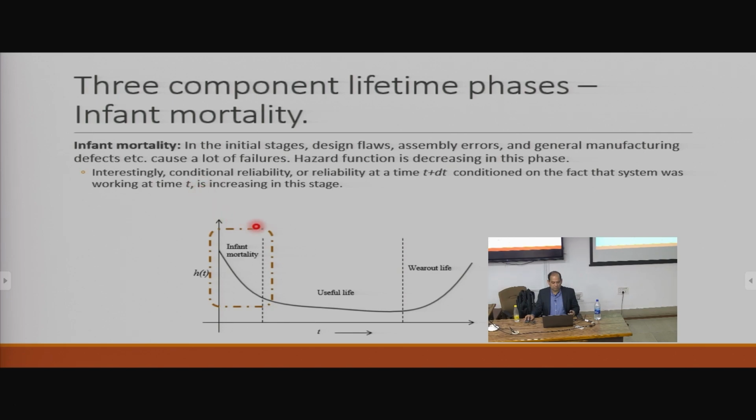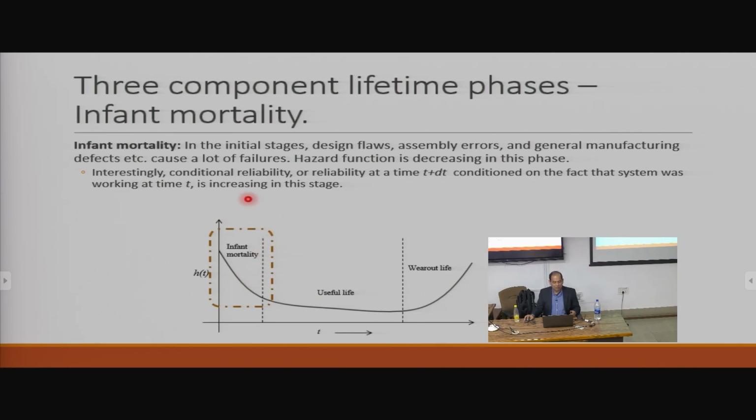Interestingly, the conditional reliability, or the reliability at time t plus dt, conditioned on the fact that the system is working at time t, is increasing. So things are getting better for surviving components. That's what it means initially, right? Whoever survives infant mortality means that there were really no design flaws or anything there.